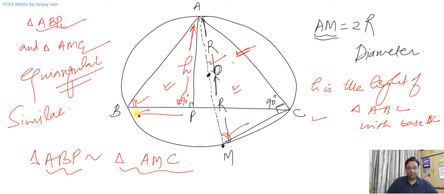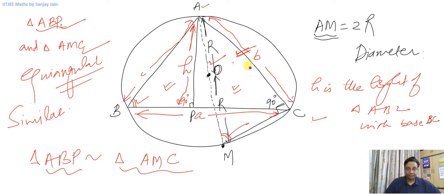I can write that this length is small a, right? This length is small c, and this length here is small b. This is the convention. This is how we write the lengths of the sides of a triangle, right? These vertices are denoted by capital letters, and the lengths of the sides are denoted by small letters.